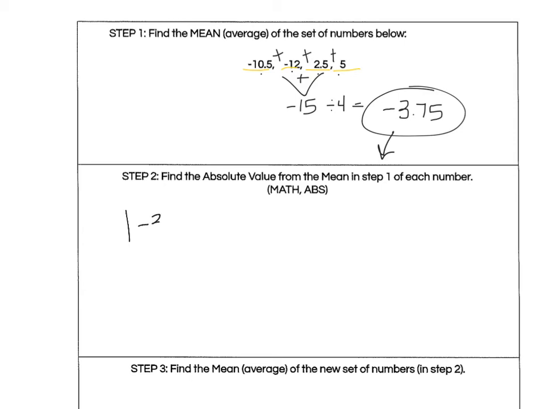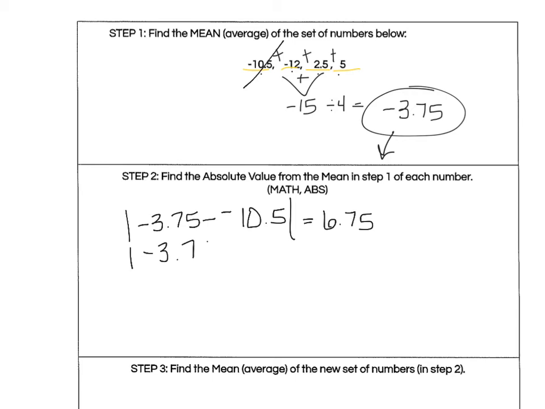So negative 3.75 minus negative 10.5. Always, if there's a negative number, do minus negative. If not, it's going to come out real funky. Negative 3.75 minus negative 10.5. And that gives me 6.75. Okay, now I'm done with that number.